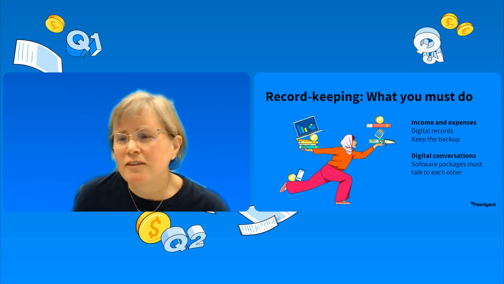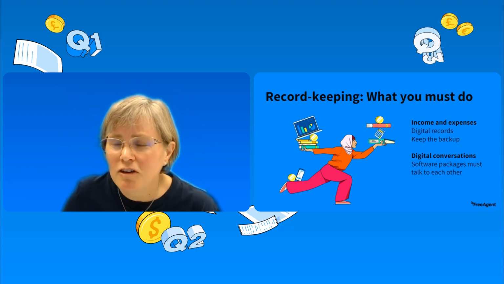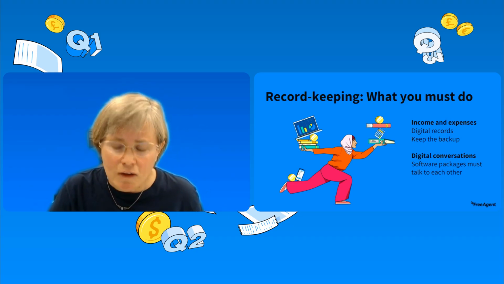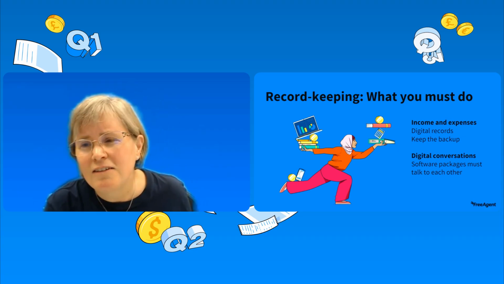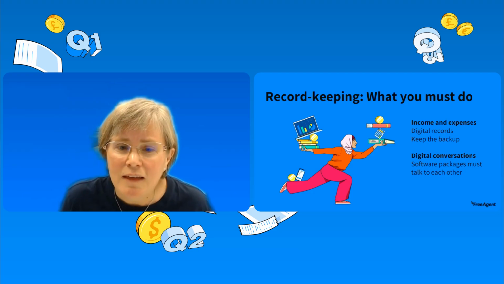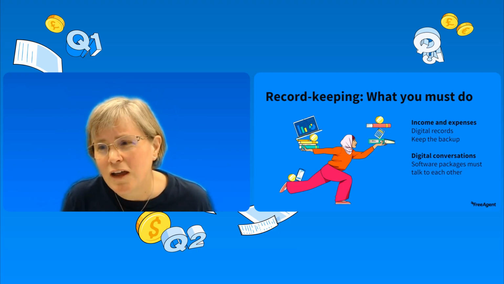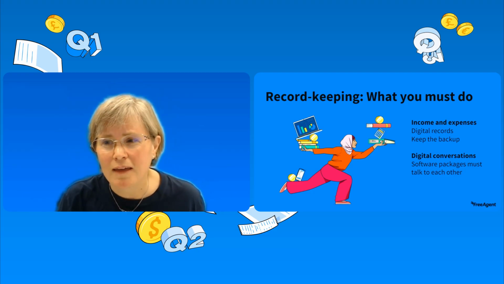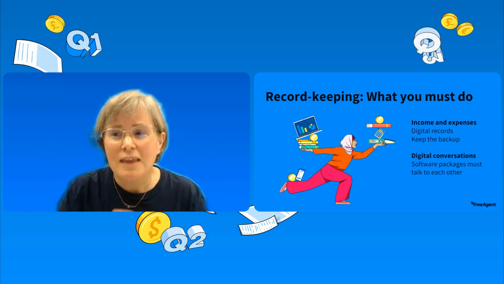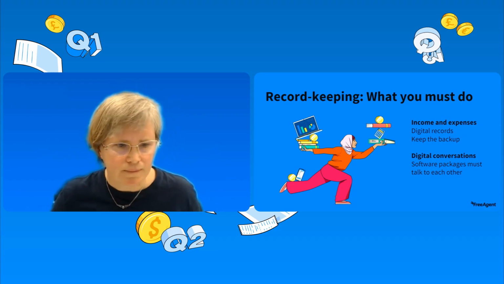Downloading a file such as a CSV file from another package and uploading it into another package, that's perfectly okay. So for instance, if your letting agent sends you a CSV file showing their fees, you can upload that into FreeAgent. If you're paying for that from your own bank account, you can upload that into FreeAgent. MTD compatibility, yes, absolutely fine.